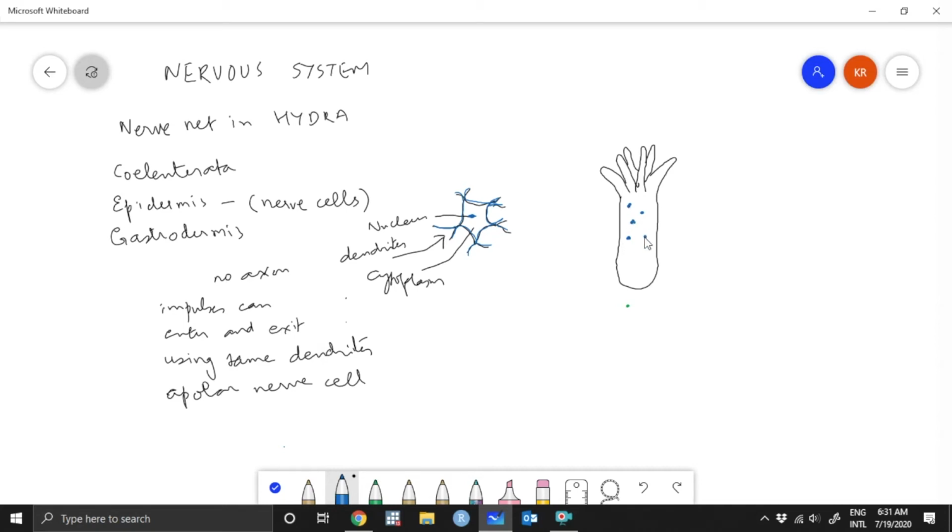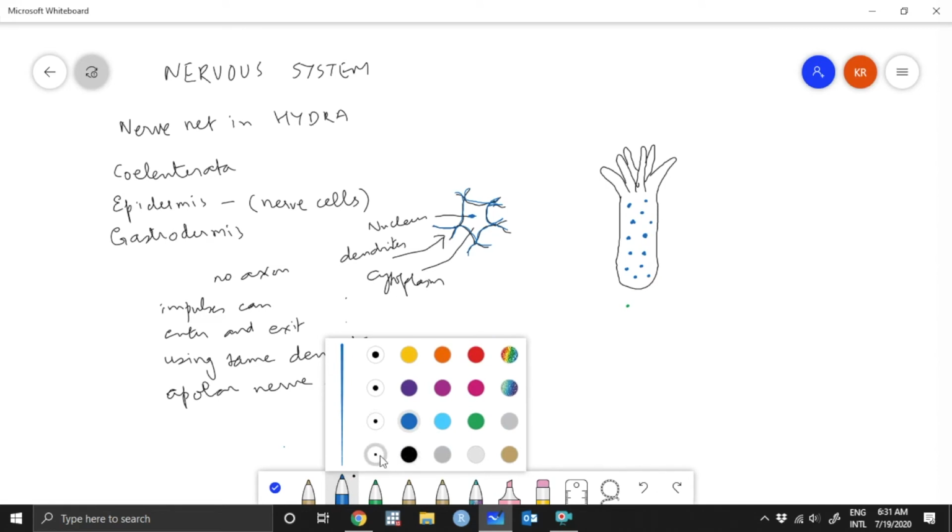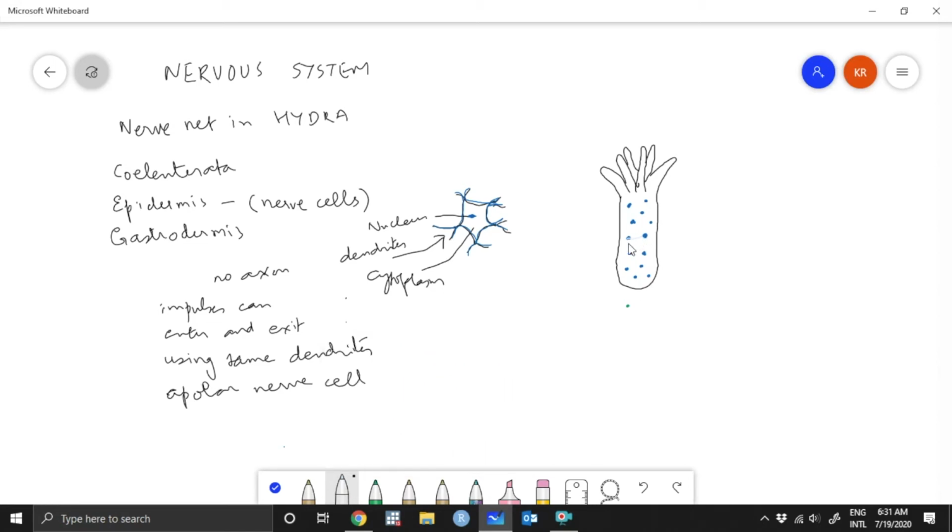These are represented as nerve cells. And these are connected like this because they are lying close to each other. Through their dendrites, they get interconnected in this manner.